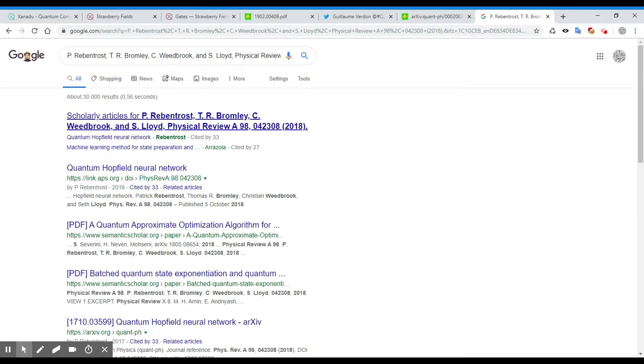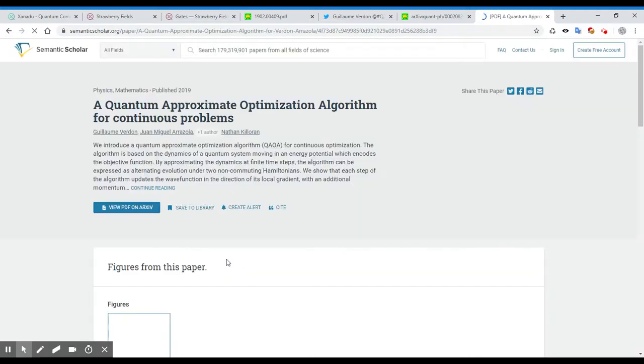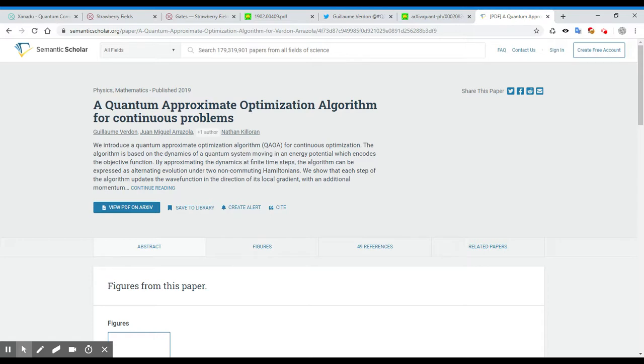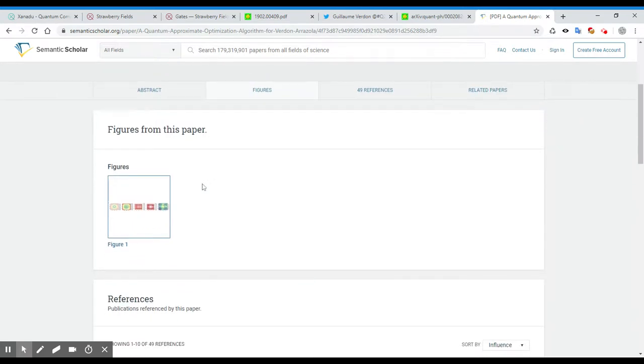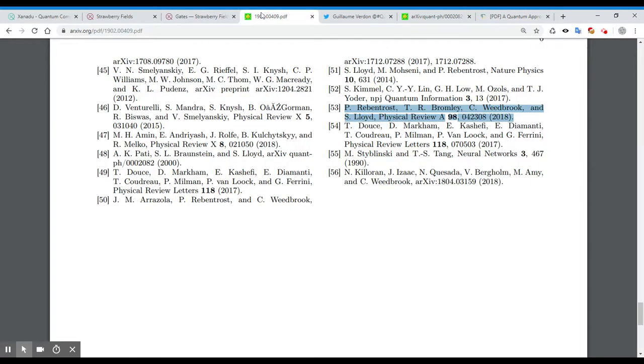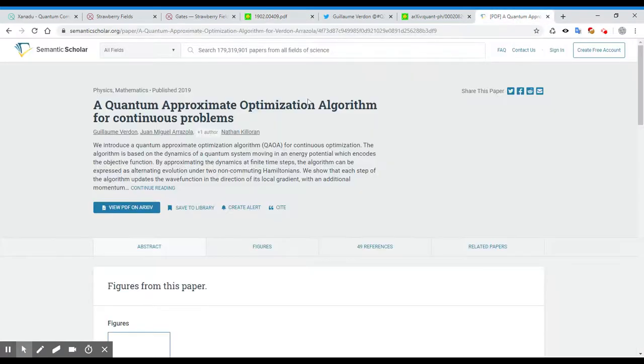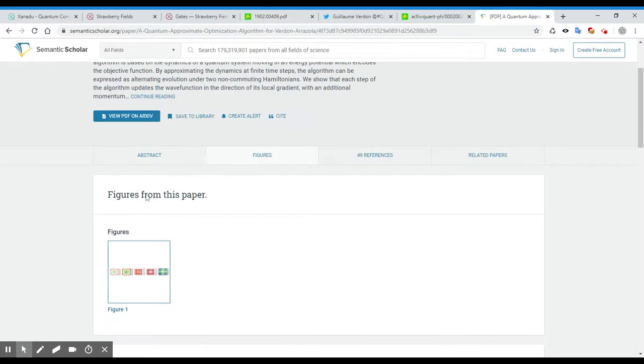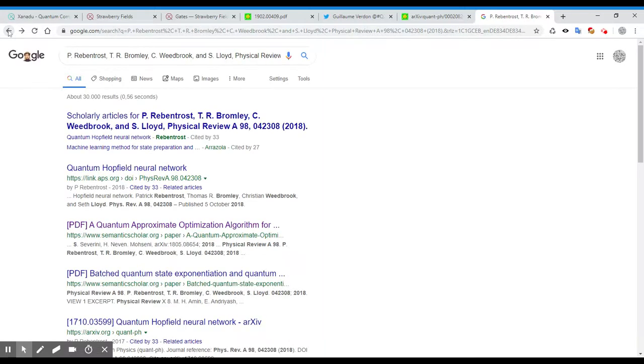Physical Review A 98. A quantum approximate optimization algorithm for continuous problems. Isn't that the same paper? I'm kidding. I mean, yeah, it is, but that's weird.